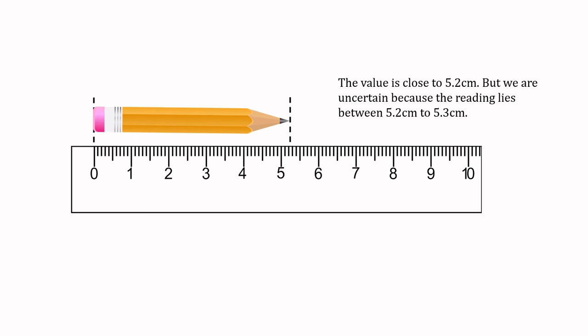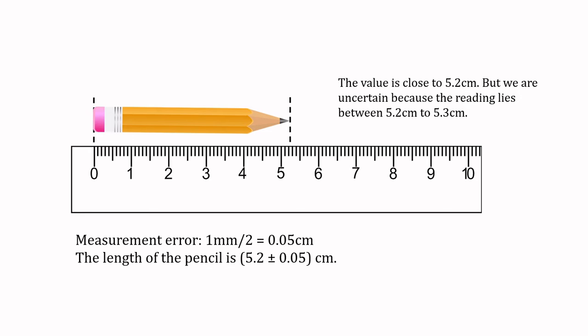So again, we are uncertain. Therefore, the measurement error is given by 1 mm divided by 2, which is equal to 0.05 cm. Finally, the length of the pencil is 5.2 plus minus 0.05 cm.